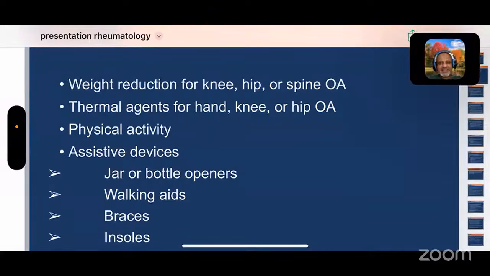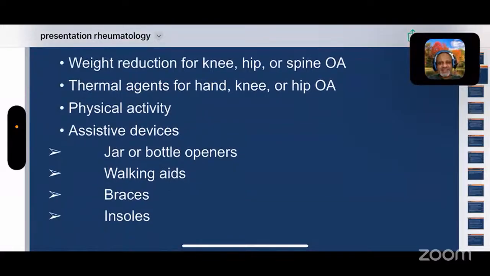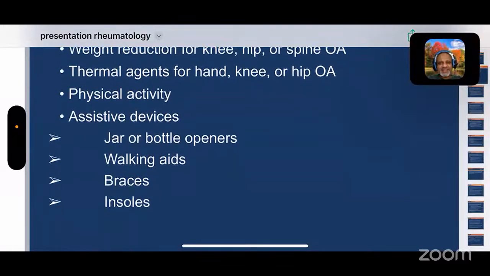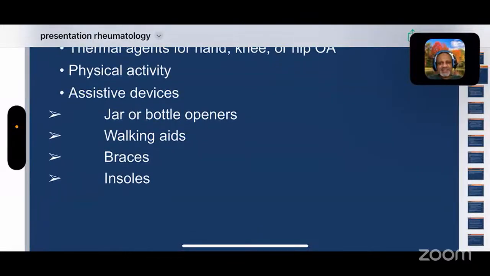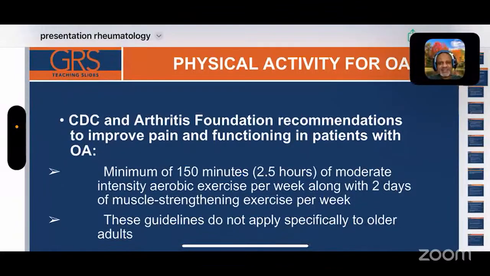Second, we can use thermal agents for hand, knee, or hip osteoarthritis. Also physical activity and assistive devices like jar or bottle openers, walking aids, braces, and insoles. We use first non-pharmacological, then pharmacological, and then surgery or intervention.